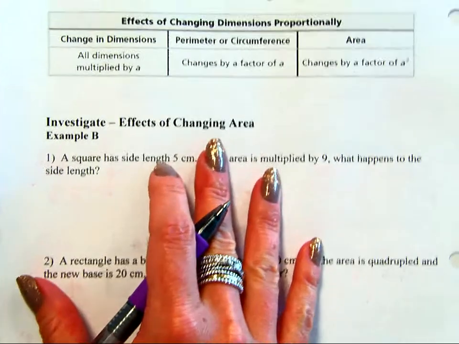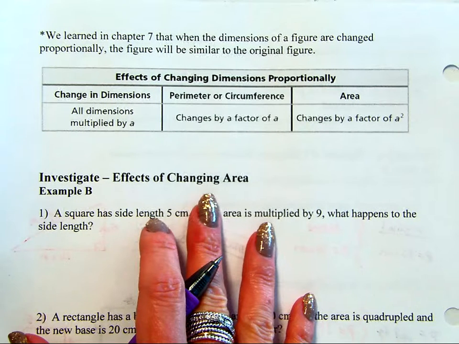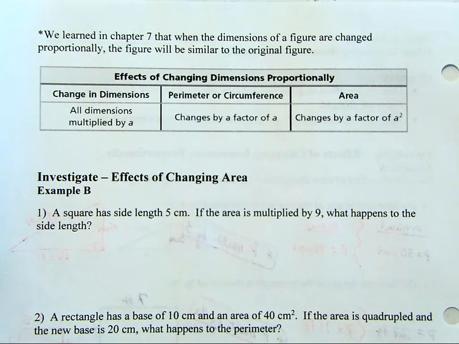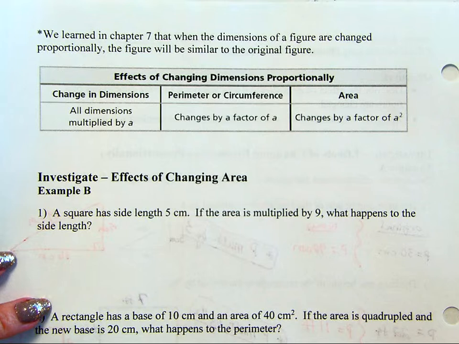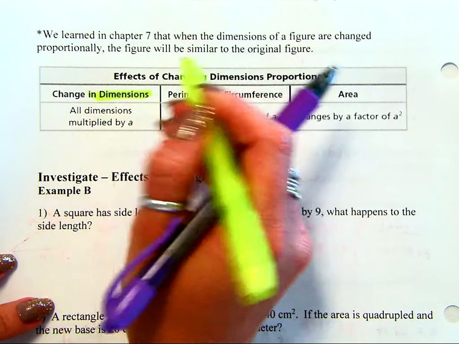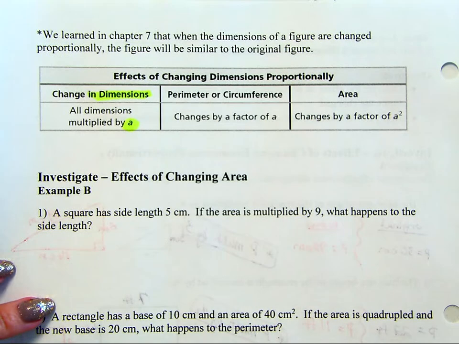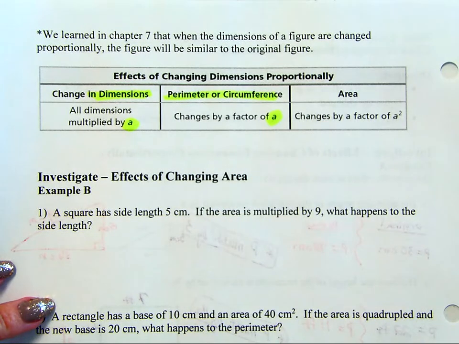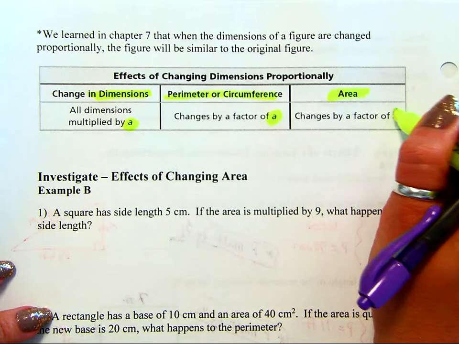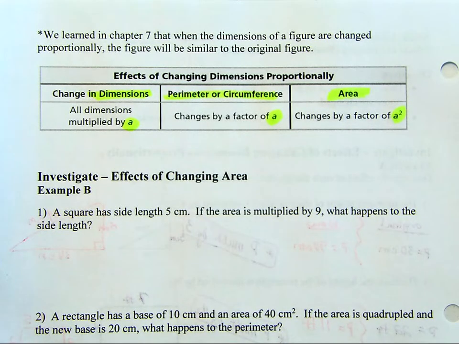Okay, so on the back side of the notes, there's this summary chart at the top. And sometimes you're able to use that chart to know what's going to happen without having to do all the calculations. When you change your dimensions proportionally, if they change by a factor of A, your perimeter or circumference will also change by that factor of A. But your area is going to change by the factor A squared.